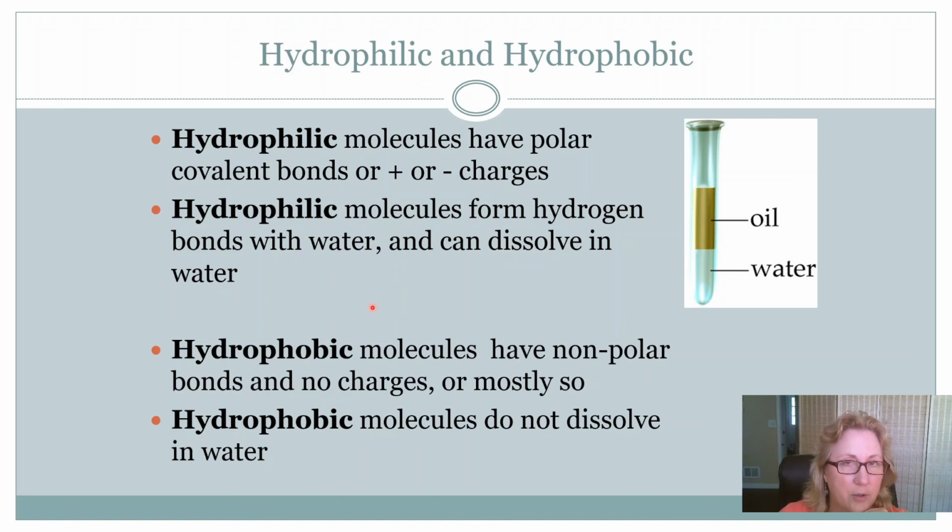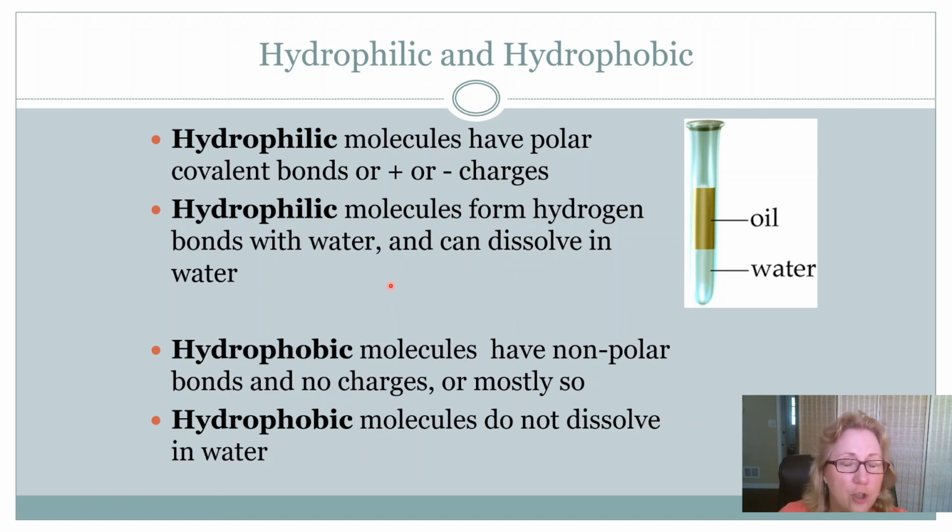If the molecule has nitrogens in it, if it has phosphorus in it or phosphates, or it has sulfur even, which is a little bit hydrophilic, then we know that there's going to be partial charges building up. And that's going to indicate that this molecule probably is going to dissolve in water.